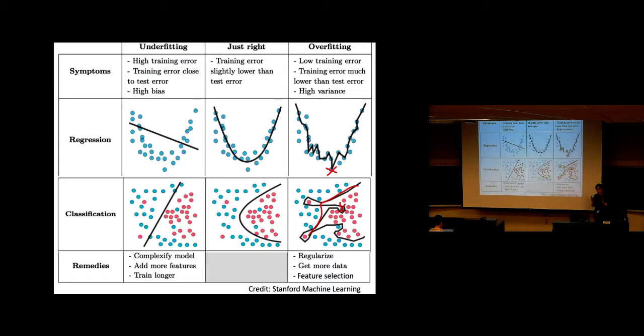And what you're trying to do is always use data to discover that true model, which is exactly how our homework 2 is designed. You have a true model generating data, and you use the data to try to learn that model.